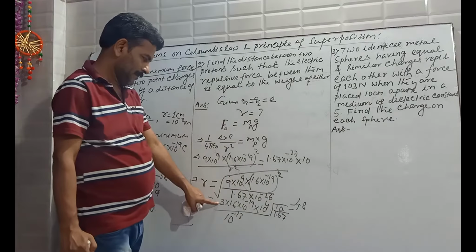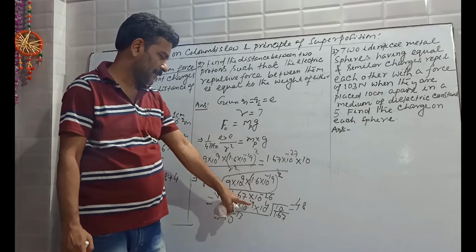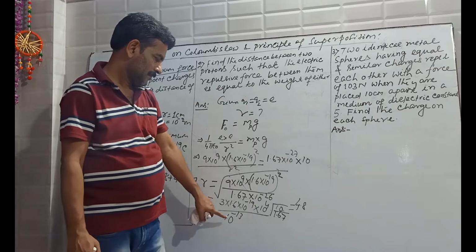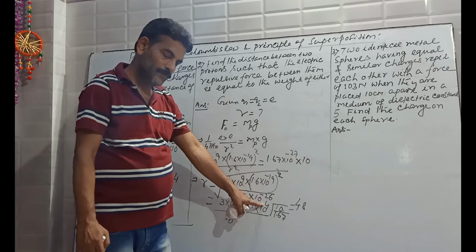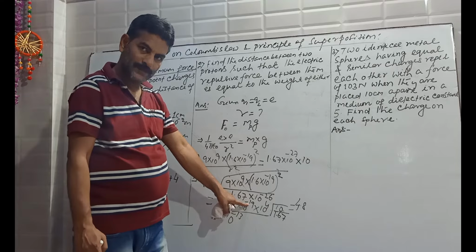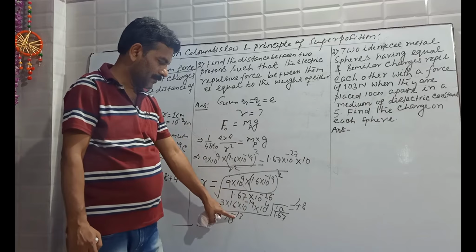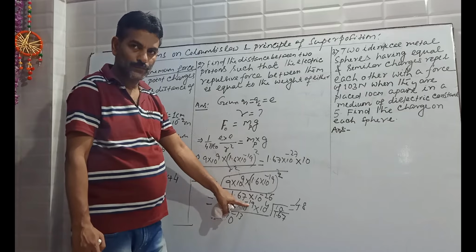Then it is 10 to the power minus 19. It is 4. So it will be how much? 10 to the minus 15. 10 to the minus 15 here, 10 to the minus 13. So it will be 10 to the minus 2.